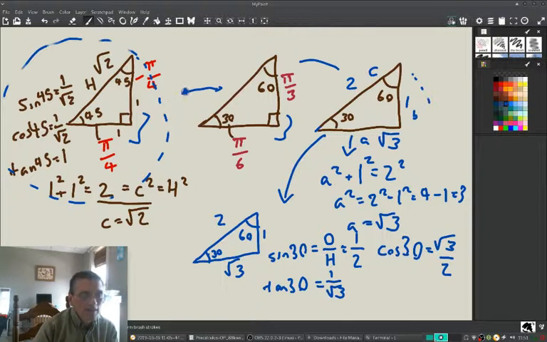For the final things, for tests, I will let you have a card or so where you can write down, you can draw your triangles so you don't forget them. Okay, so I don't want you to really memorize these, but be able to find them quickly and work with them.